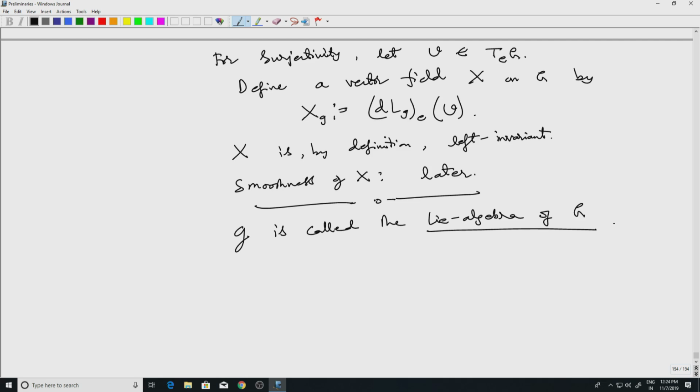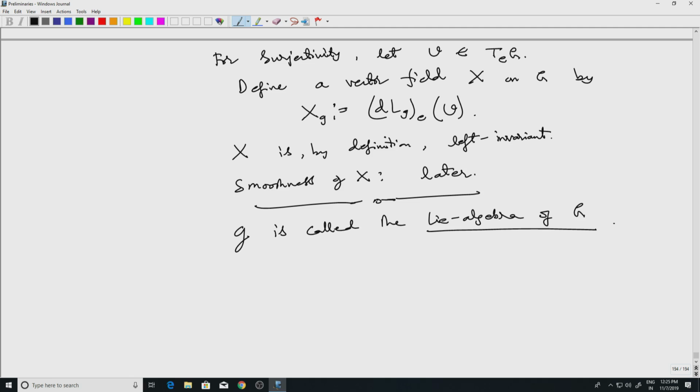The statement is that this Lie algebra with this additional Lie bracket structure entirely captures the algebraic properties of G, and this statement can be made precise, though I will not be able to prove anything. I will be able to state the precise relation between the algebraic properties of little g and big G.